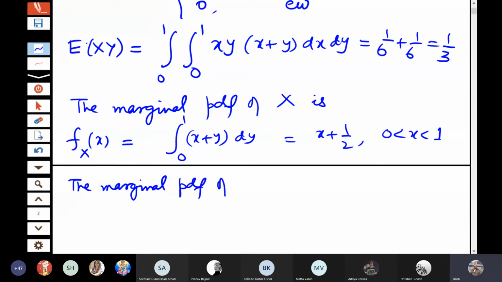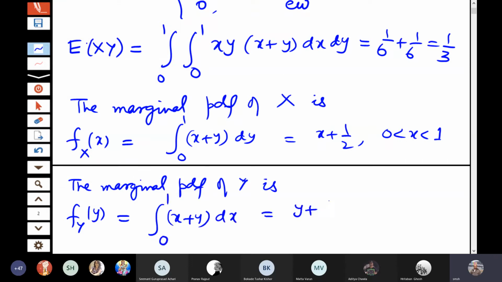Marginal PDF of y, that is obtained by integrating the joint distribution with respect to x. So that is equal to y plus half.